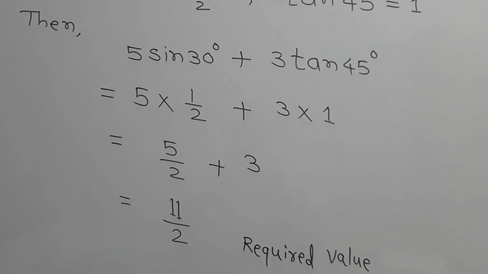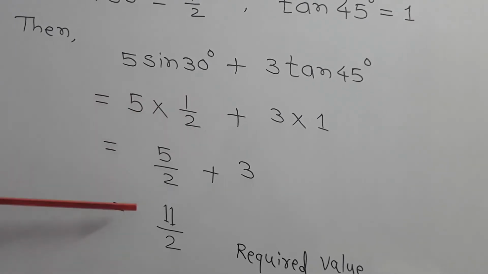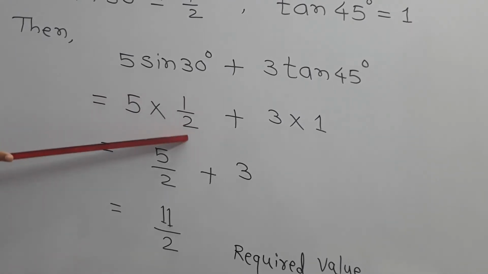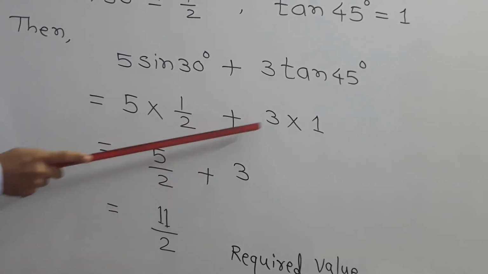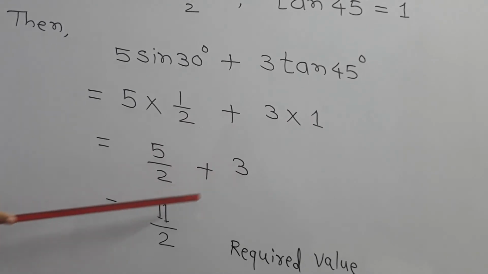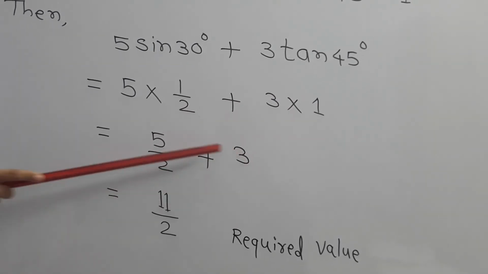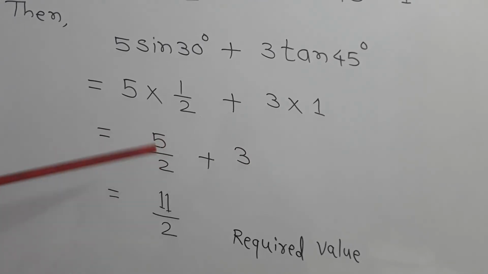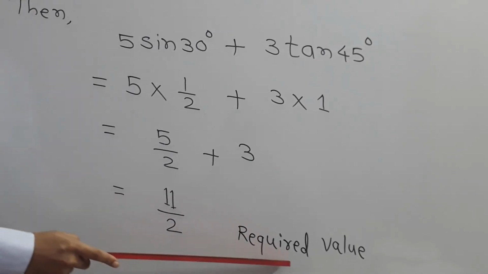Then the further part is calculation. So 5 multiplied by 1 upon 2 comes 5 upon 2, plus 3 into 1 is 3. If you do the cross multiplication, 2 into 3 is 6. So 6 plus 5 is 11 upon 2. So we will get the answer 11 upon 2, and that is the required value.